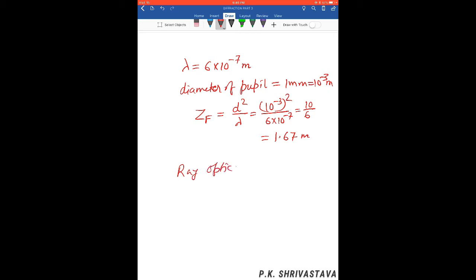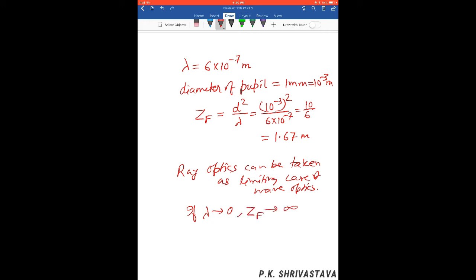Ray optics can be taken as the limiting case of wave optics. Suppose if lambda tends to 0, lambda is very small, then Fresnel distance tends to infinite. It implies that ray optics will be valid for all distances in this case.